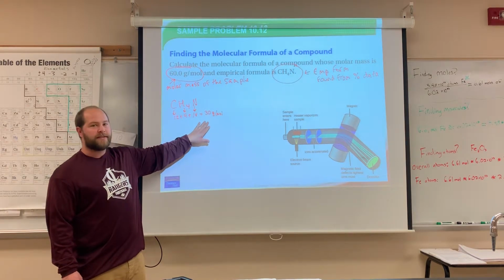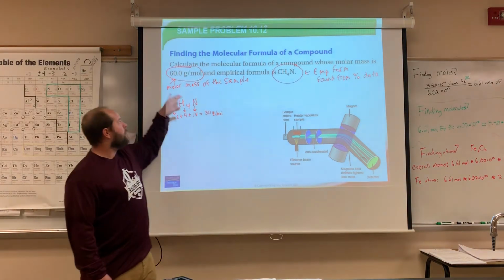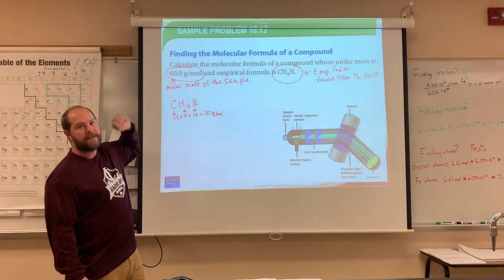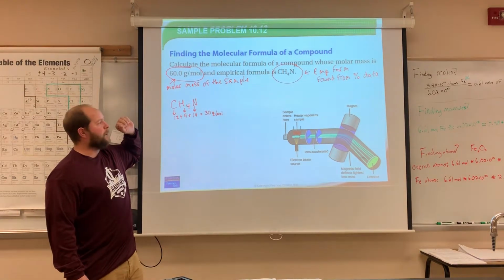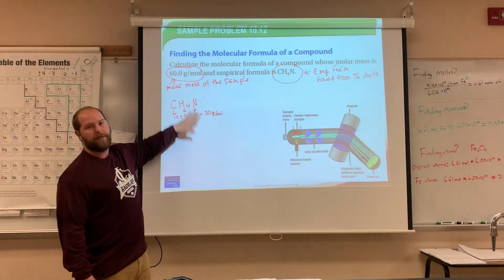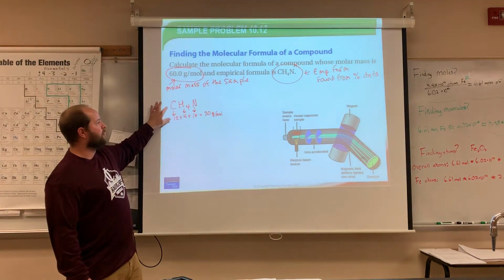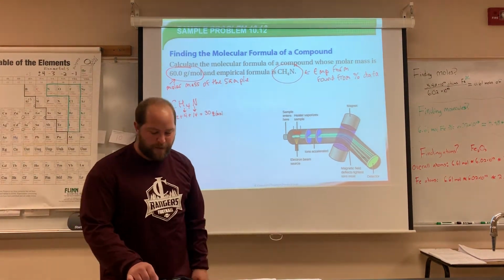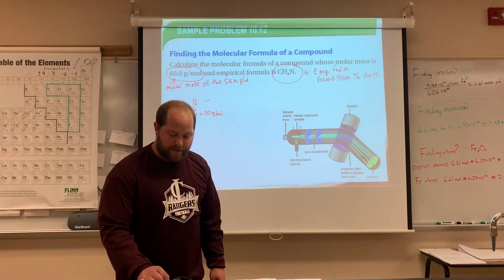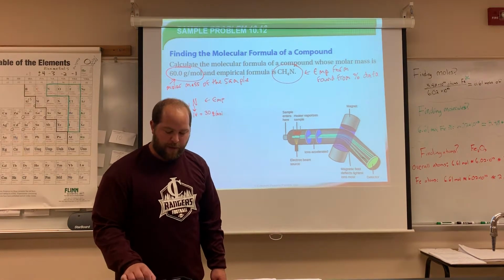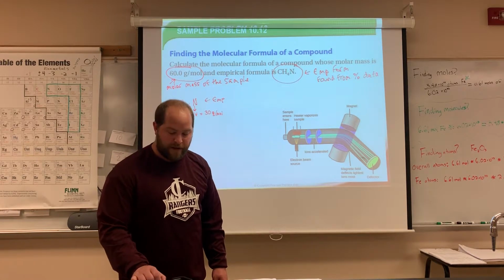But when we ran the sample through the mass spectrometer, we figured it out to be 60 grams per mole. You might be able to see that it's double. So basically the value's been doubled. So what we're going to do is we're going to double the empirical formula, and we're going to actually write the real molecular formula.